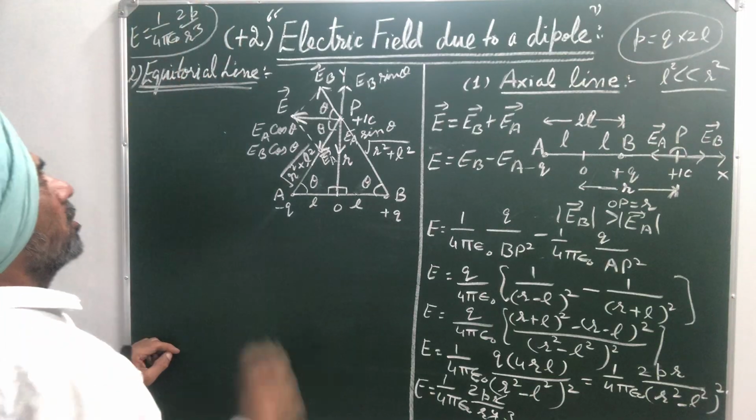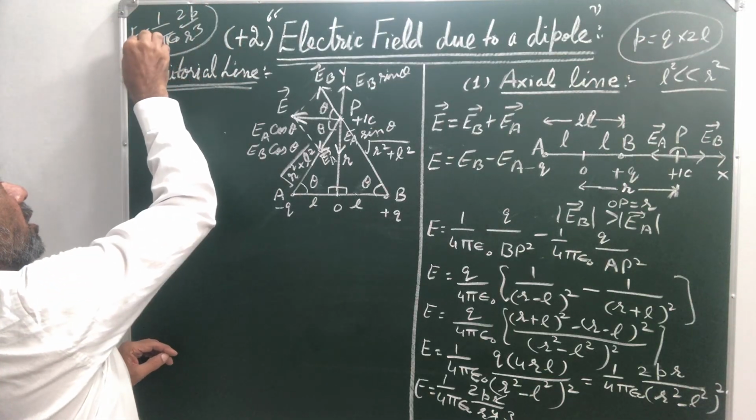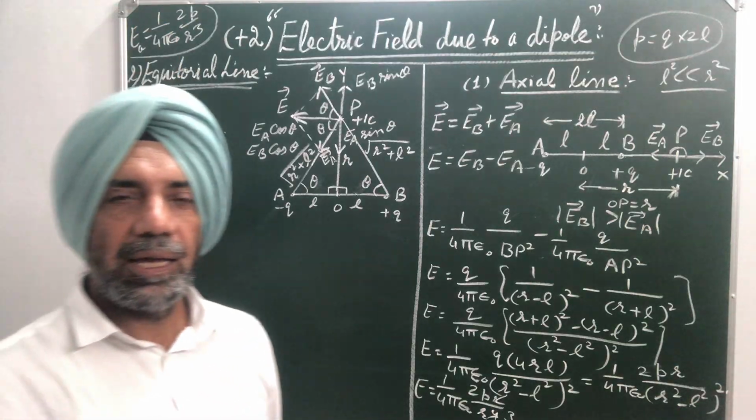This gives the electric field due to a dipole at a point on the axial line.